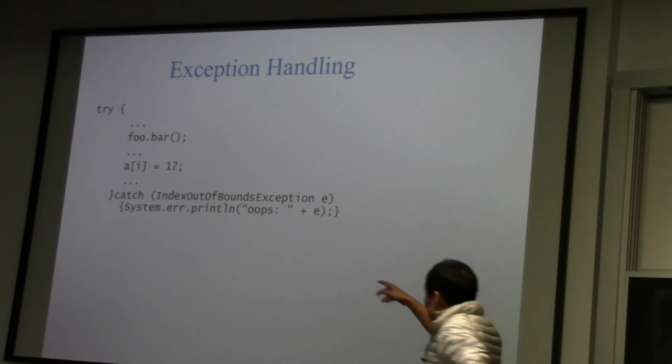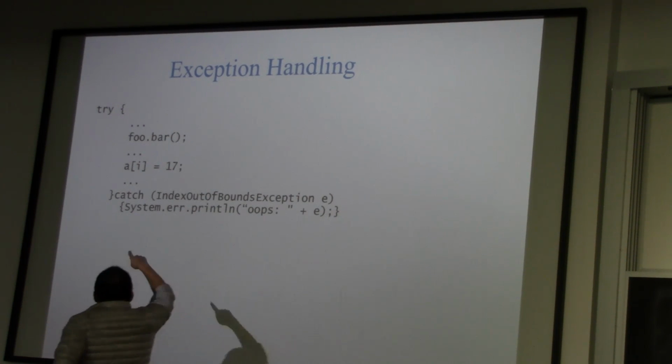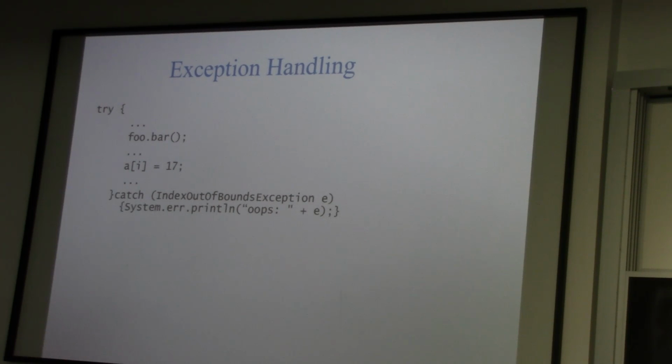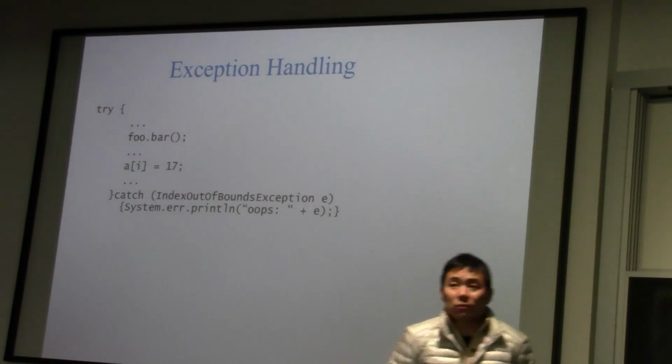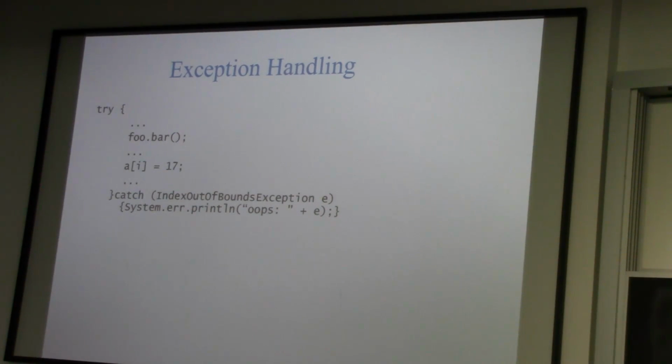For example, in this case, foo.bar, then I have i equals 17. When you do this, you may potentially have an exception, which is array index out of bounds. Whenever you try to access an array element, you may step outside the array object you have. So you have to catch that exception.